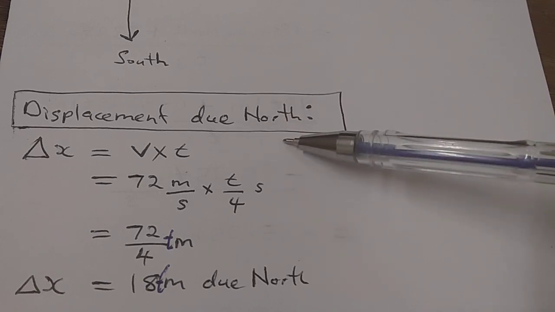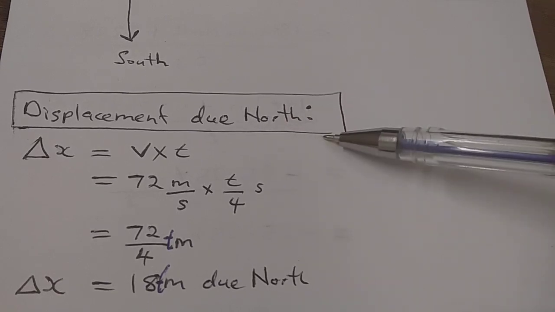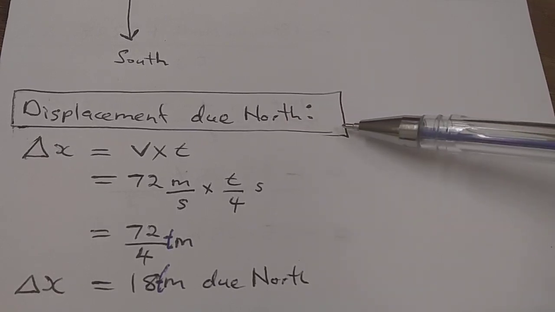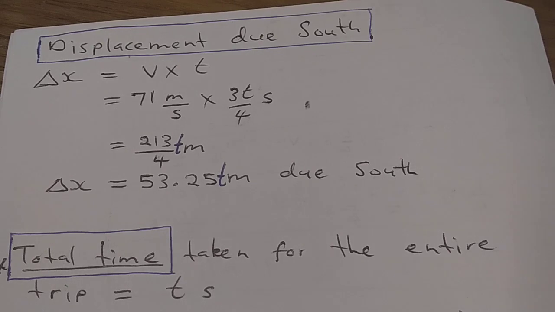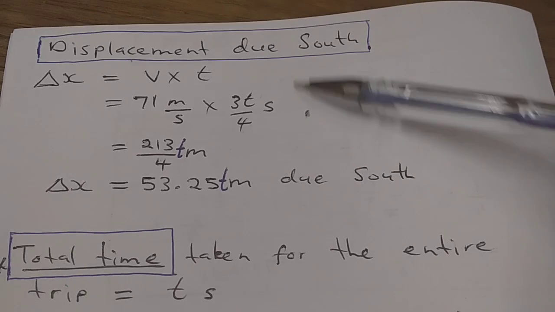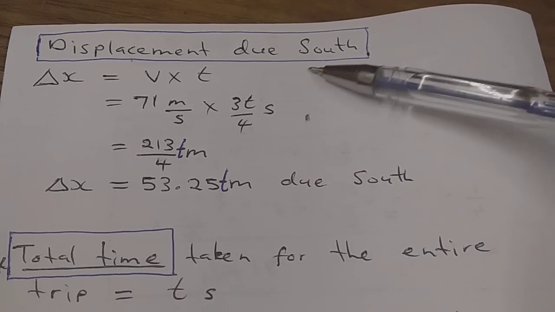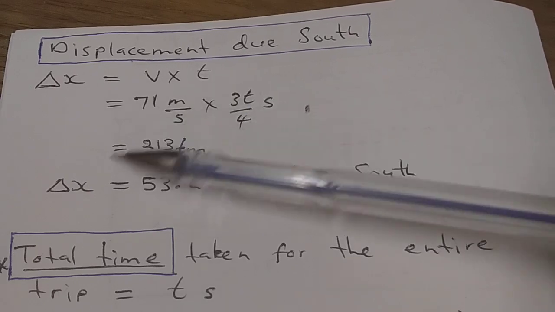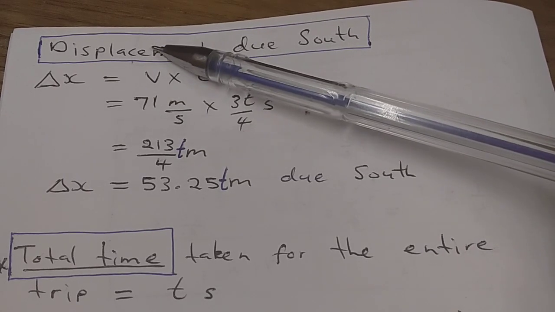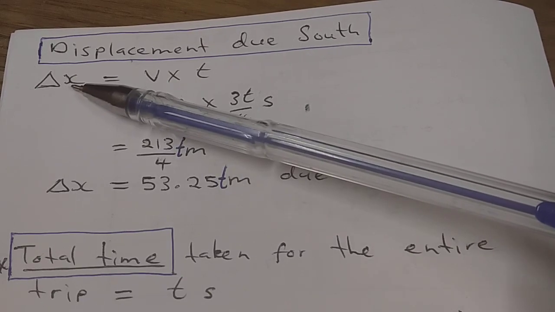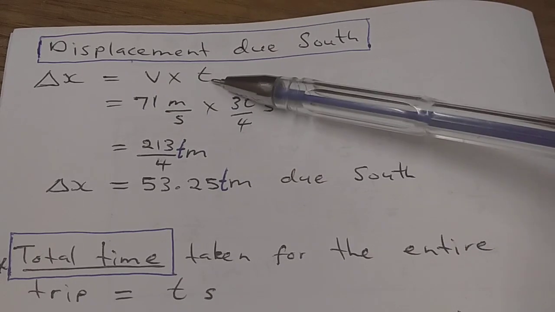Then we calculate the displacement due south, then we add them to find the total displacement. The displacement due south, the change in x, equals v times t.